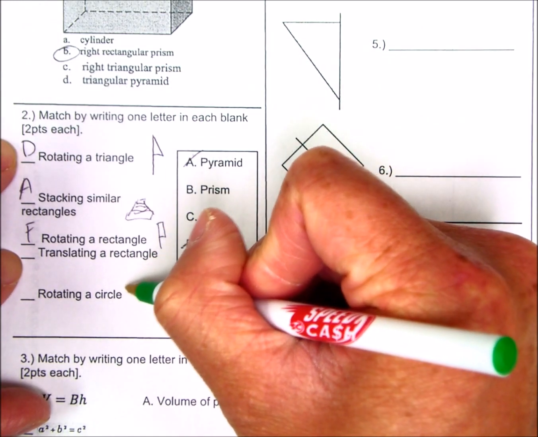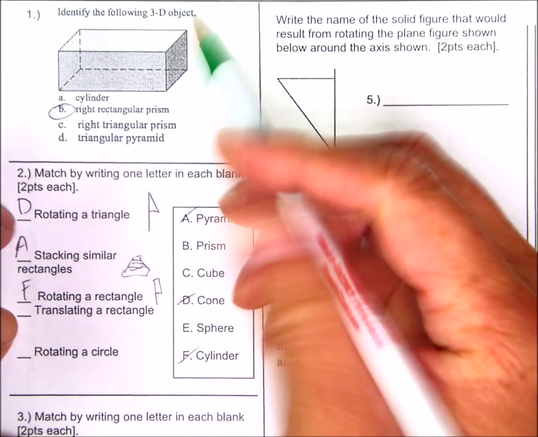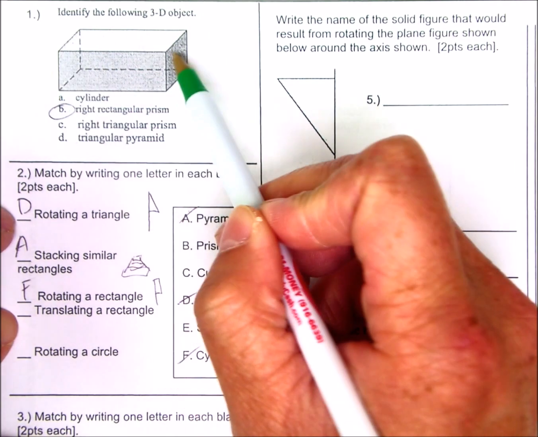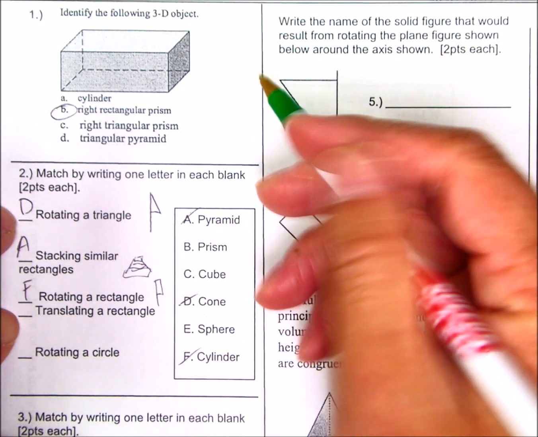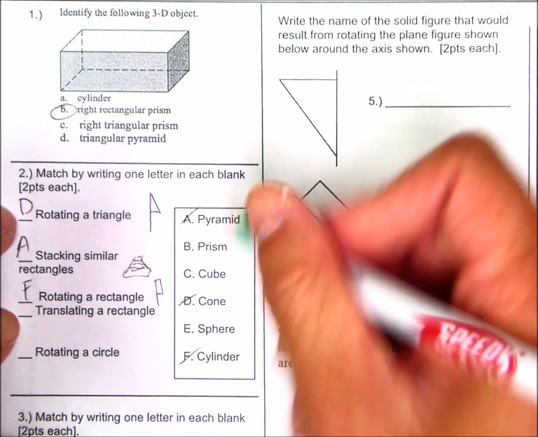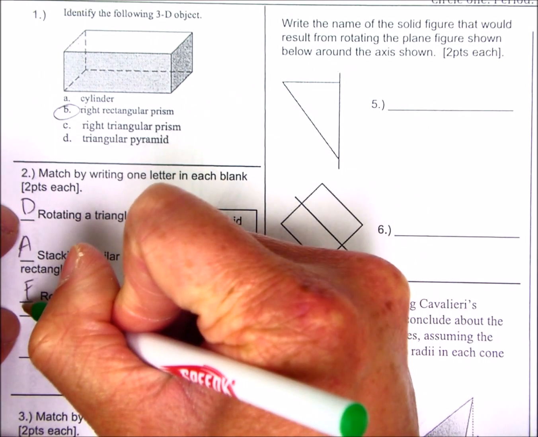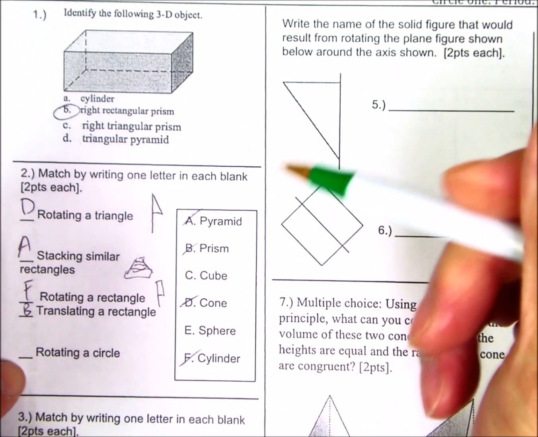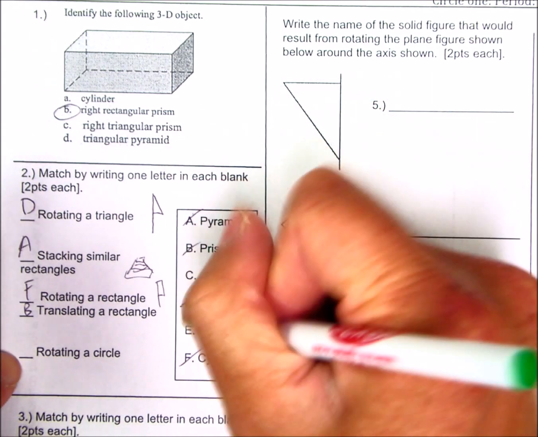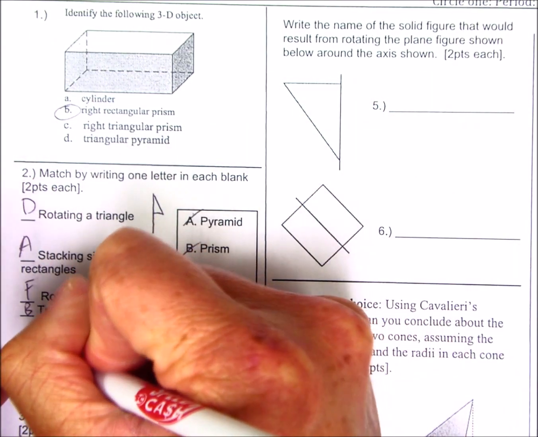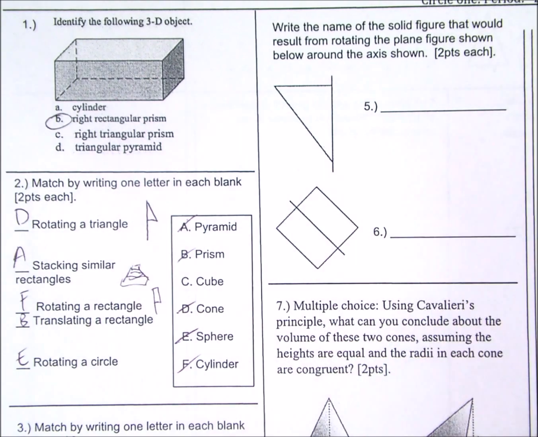Translating a rectangle is just like above. You can translate it from here to there, like your CD cases, so that would be a rectangular prism. And rotating a circle would give you a sphere. So cube was not used.